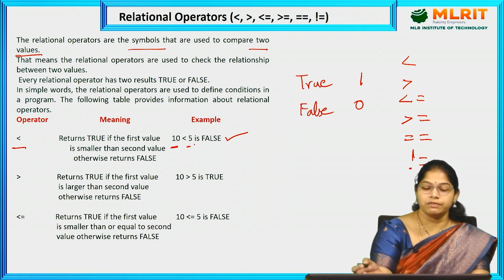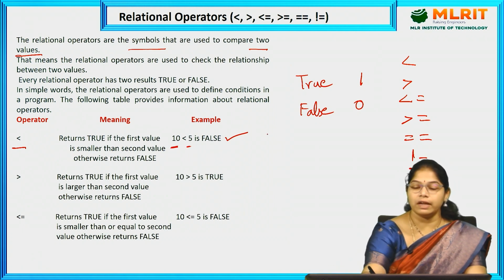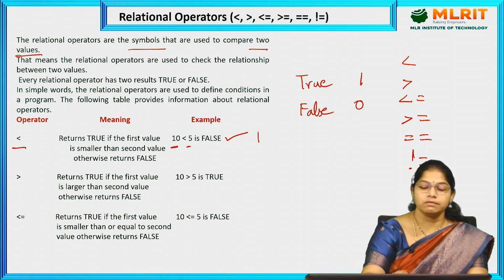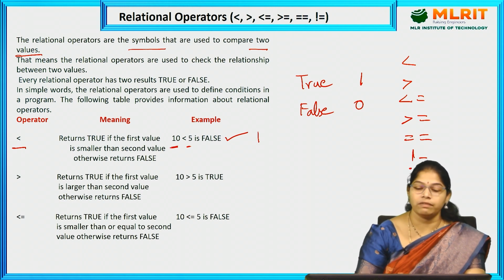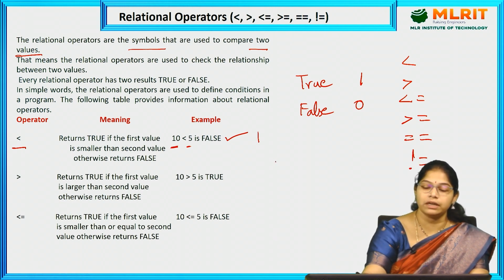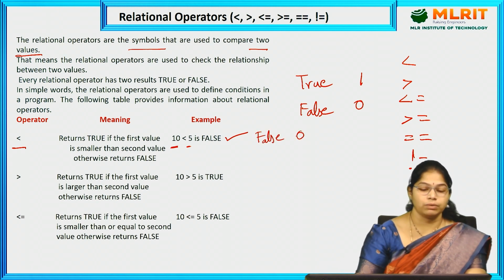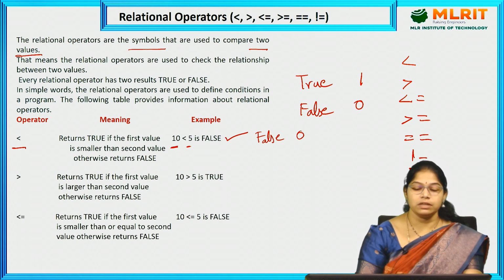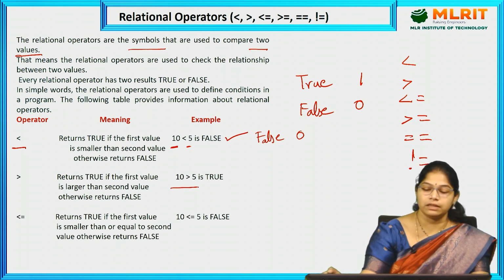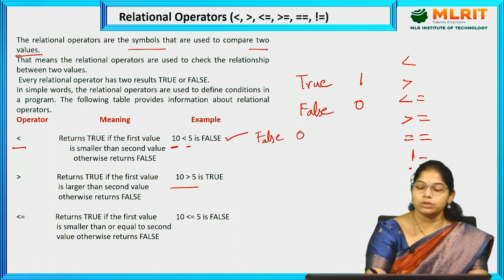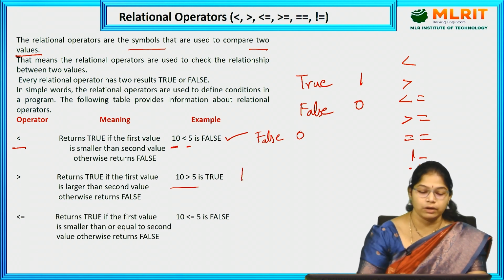It gives true only when the first value is less than the second value. But here the first value is greater, so the result is false. False is represented with the value 0. Then greater than: 10 greater than 5 is true. So true is represented with the binary value 1.